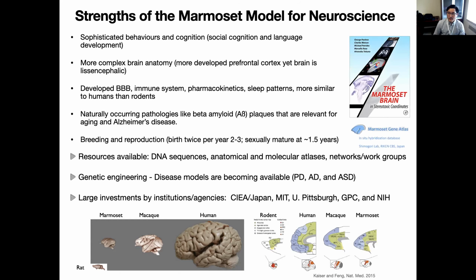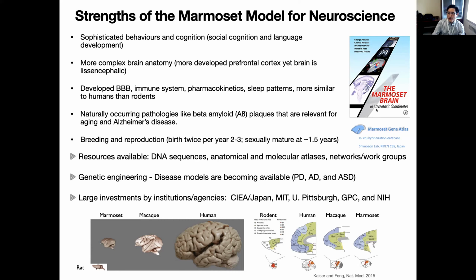Internationally, more and more resources are becoming available to understand the marmoset brain and ways of working with marmosets as an experimental model. In terms of resources, we now have the marmoset DNA sequence. There are anatomical and molecular atlases. I'm pointing up to this one here, the marmoset brain in stereotaxic coordinates that was done by Paxinos and colleagues, including Michael Petrides at the MNI.